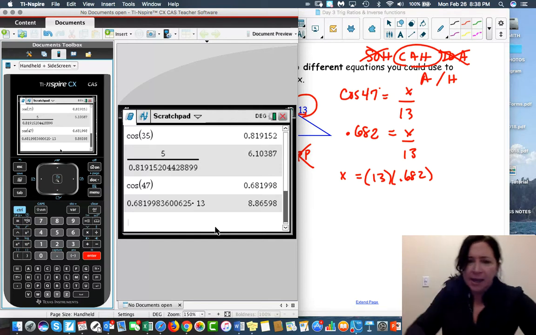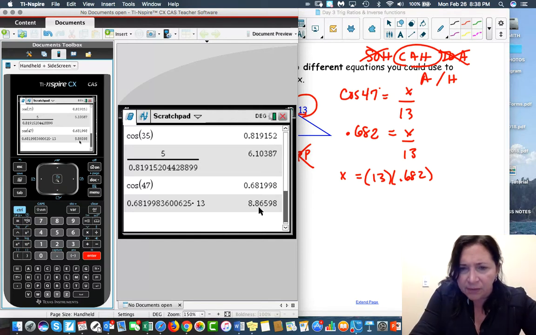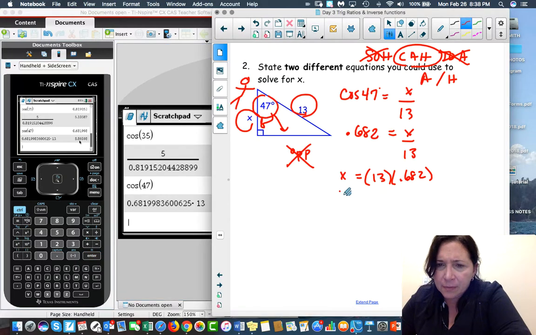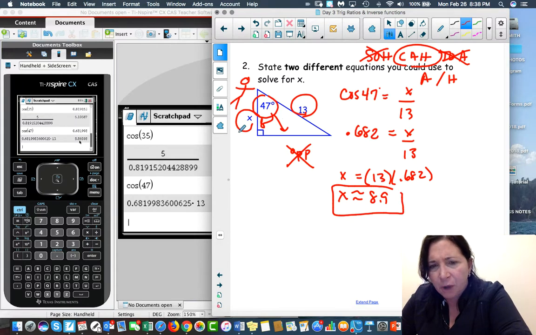And I get 8, let's say 9. So x is about 8.9. And this is 8.9 because it's an approximate. We round it off. And so therefore it's an approximate value.